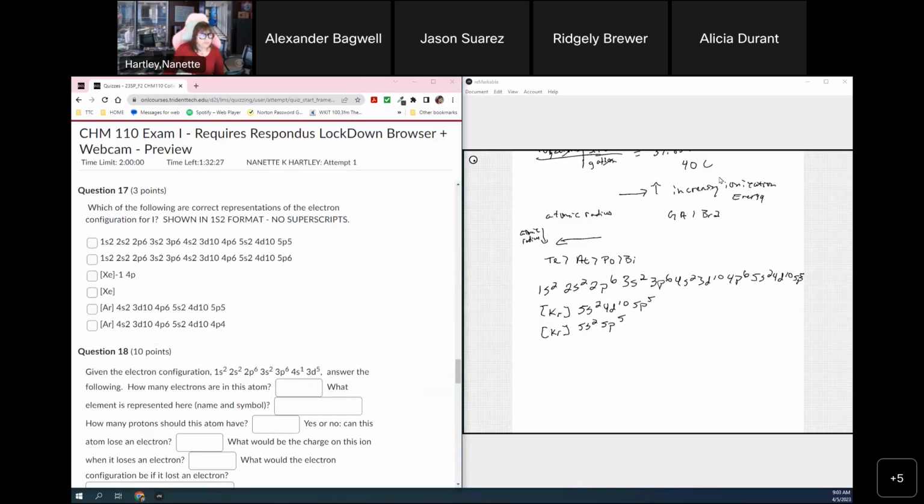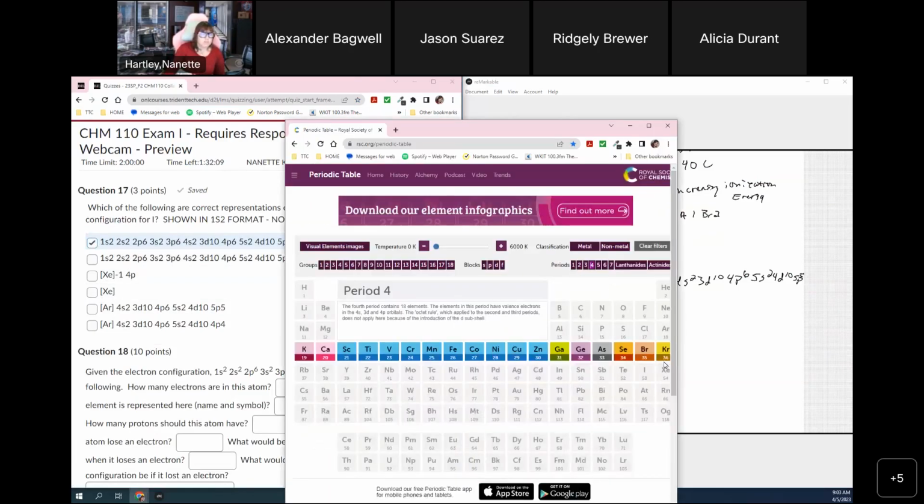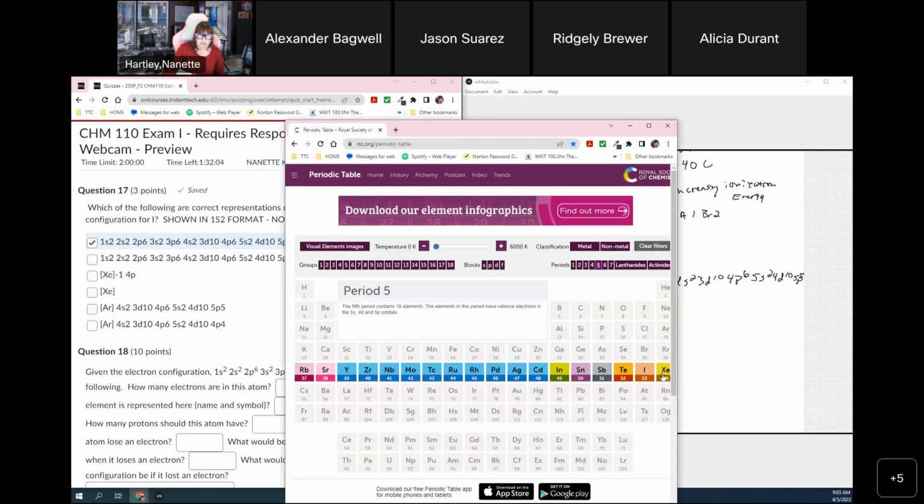Okay. So this is correct. This one is not. That would be I minus. And while I minus is the normal ion for that, we did not ask about I minus. So that one is not correct. We never talk about it being Xe, because even though Xe is the closest noble gas, that's what it would become if it wasn't.